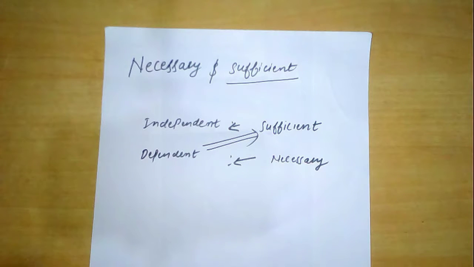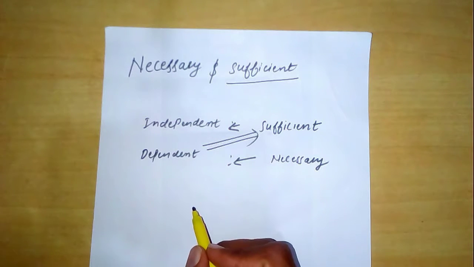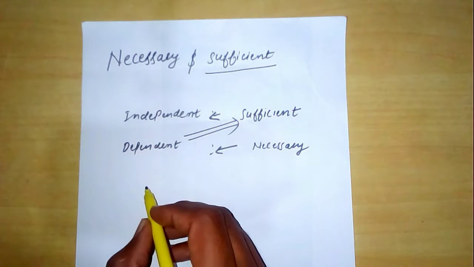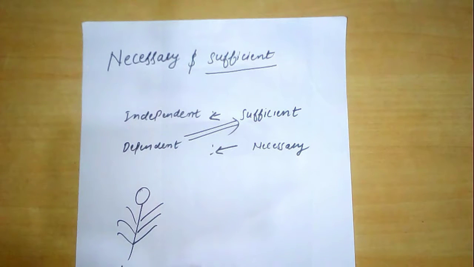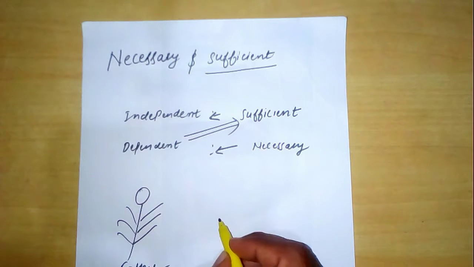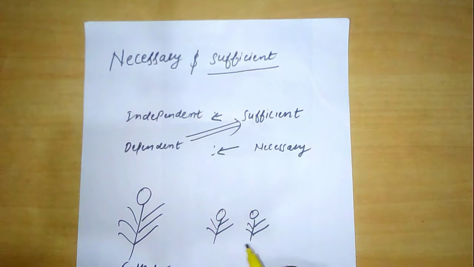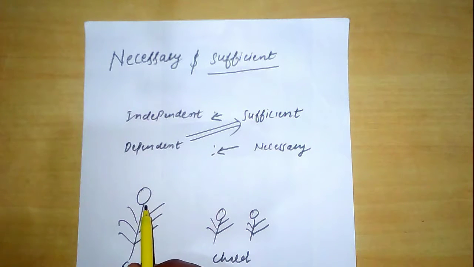If I talk in general terms, let us pick up an example from our life, then you can understand this. Suppose this is the father of a family and these are the two children of the family.